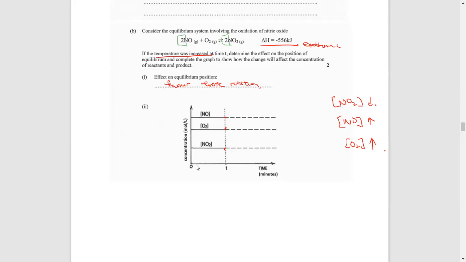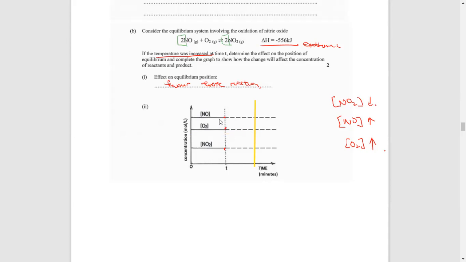So I'm going to make NO2 go down by this much. I'm just going to give you an idea. We're going to have some lines. They should all hopefully reach equilibrium at the same time. Oh, sorry, that's not NO2 at all. NO2 is the further one.